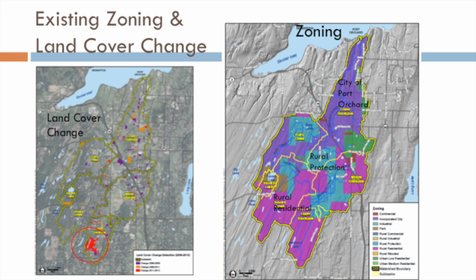So that will be another consideration. And this is our land use map right here, where the purple is our rural residential, and then down here we're into the city, higher density. This is rural protection. So that map will give you an idea of how to proceed on this.